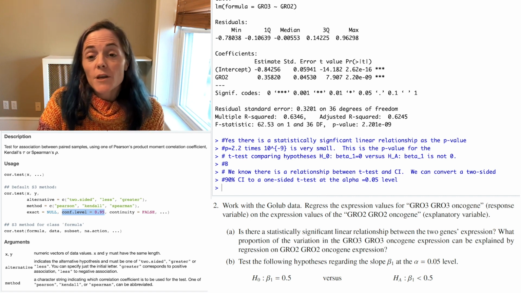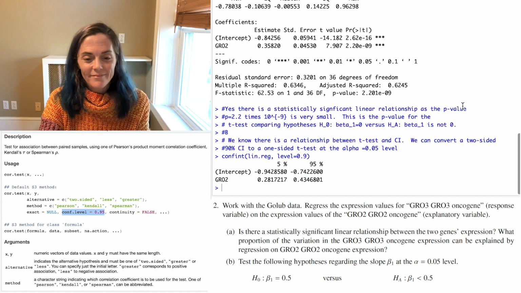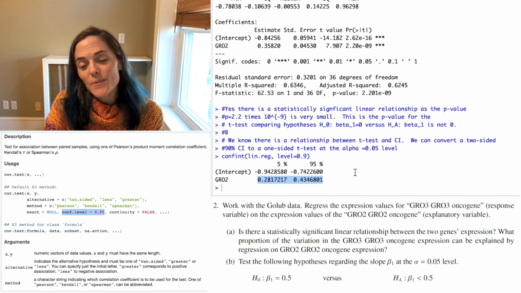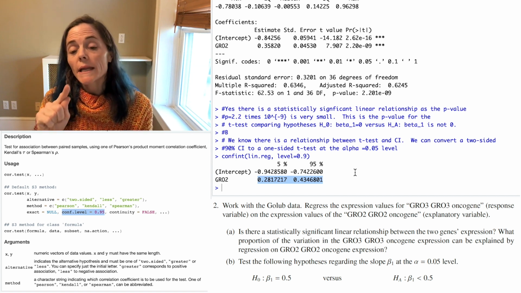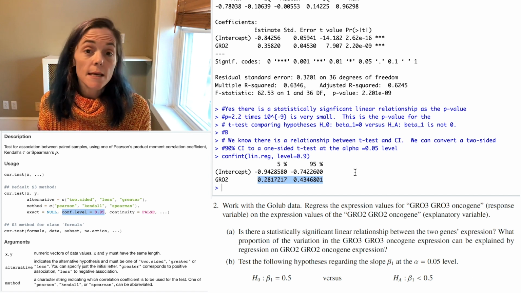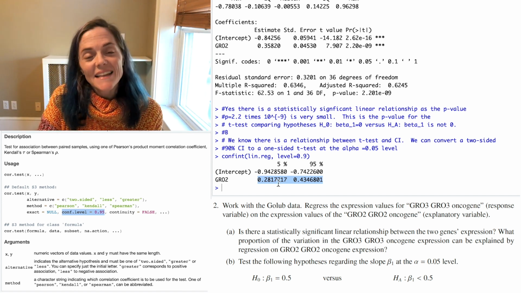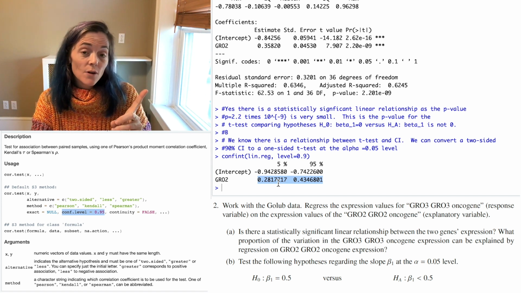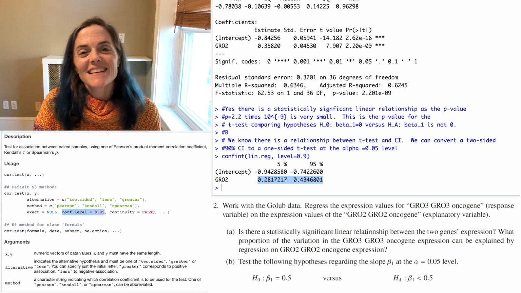Okay, so let's figure out a 90% confidence interval. So for the slope, a 90% confidence interval would be 0.2817 to 0.43468. Now let's make our observation about a one-sided confidence interval and then our t-test.